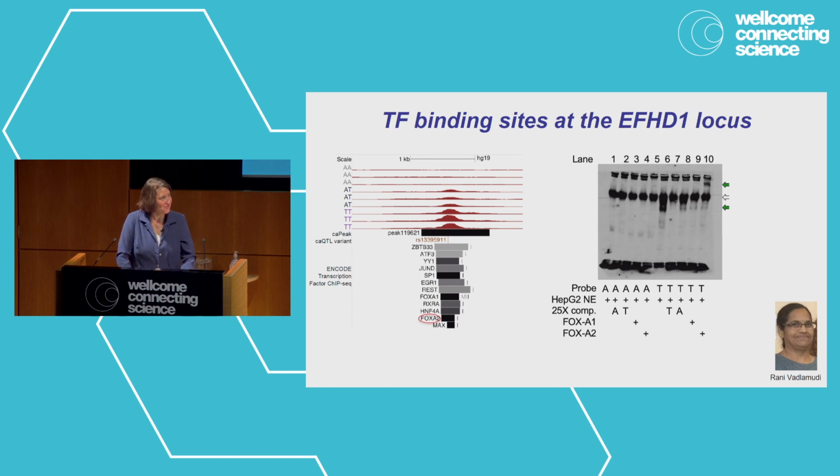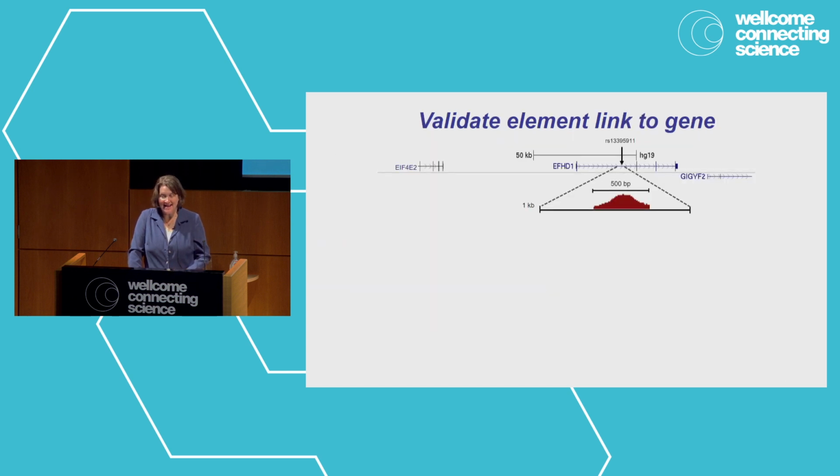Okay, and then one more way to try and validate the link between the peak, because we're identifying peaks with the caQTL, to the gene, and that is to use CRISPRi. This is a lot like what Kelly just described to us. So here we have this element that's located in the intron.